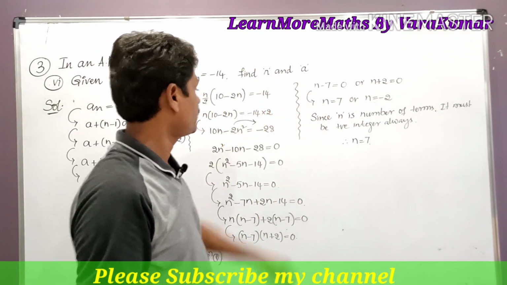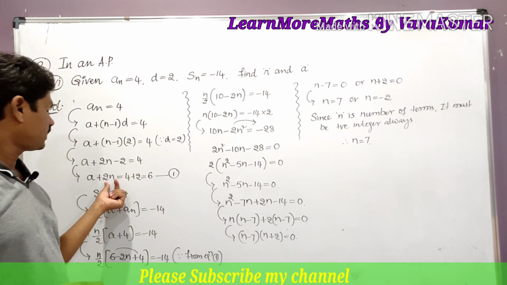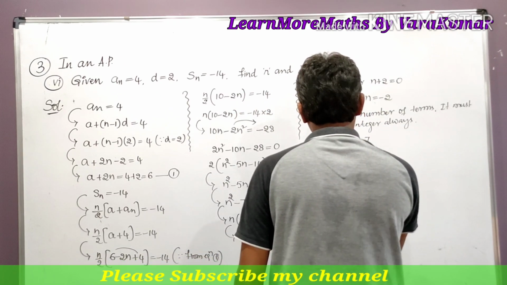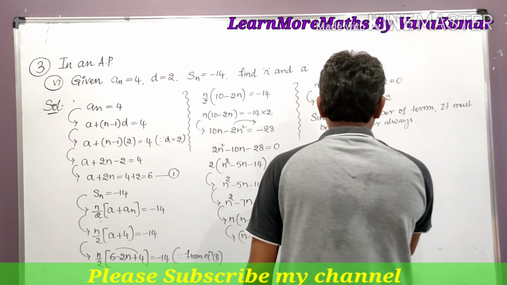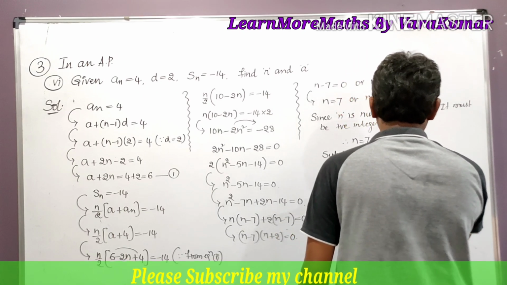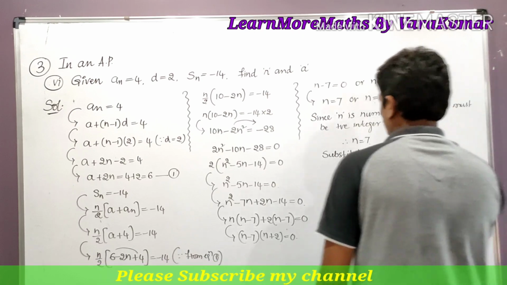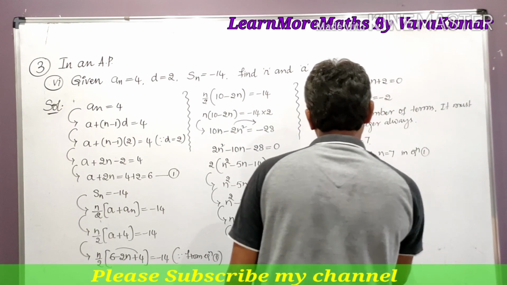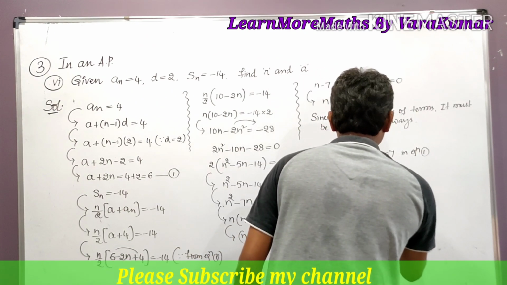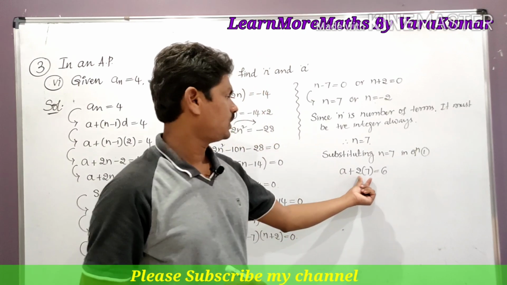He is asking us to find a value. So by substituting n is equal to 7 in equation 1, we can get a value. What is equation 1, student? a plus 2n equal to 6.